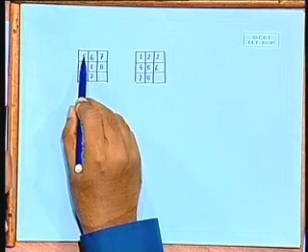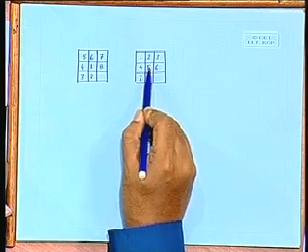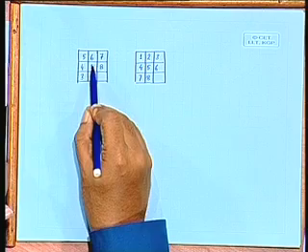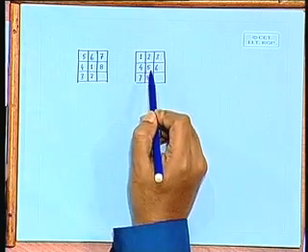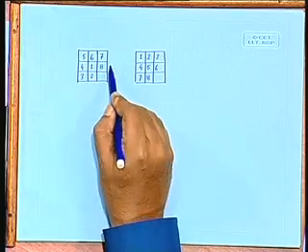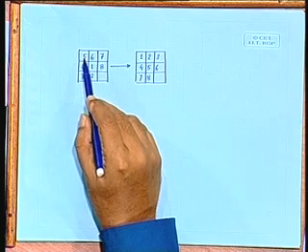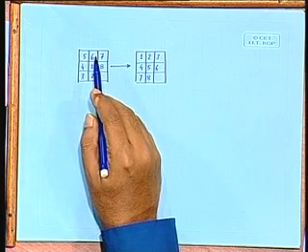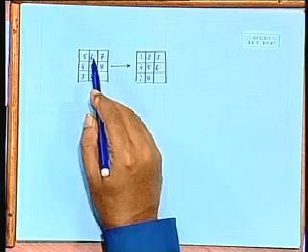So, for example, for this 5, the initial position is here and the final position is here. I have to take at least 2 slides to bring it here. To bring this configuration to the goal, tile 5 will have to be slid at least twice.